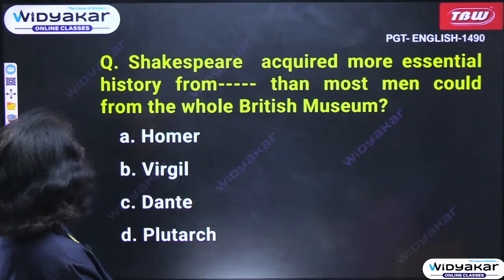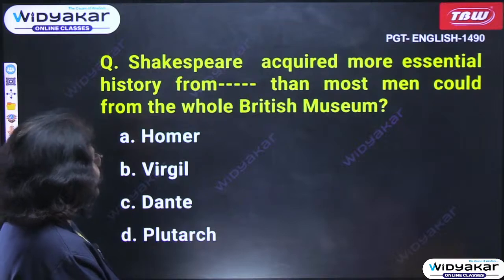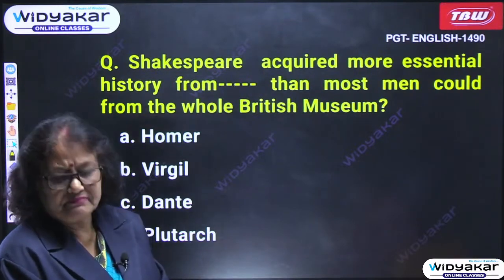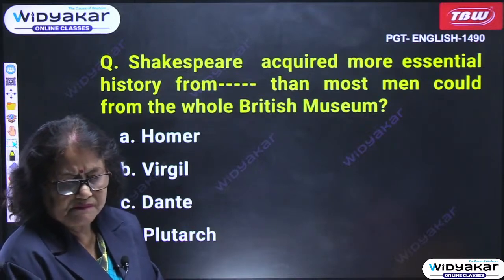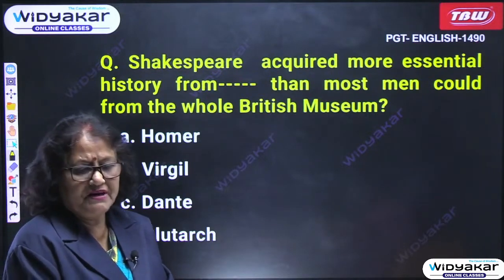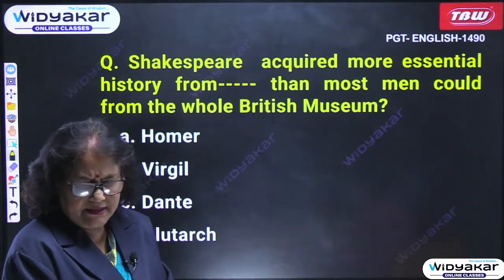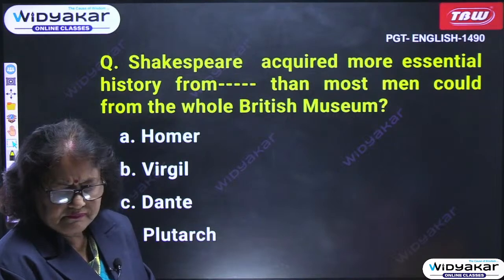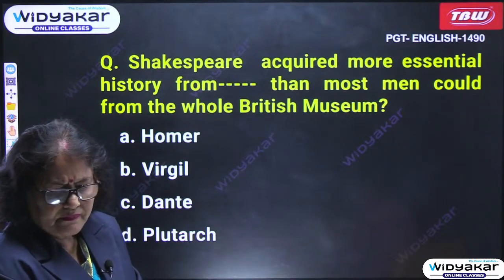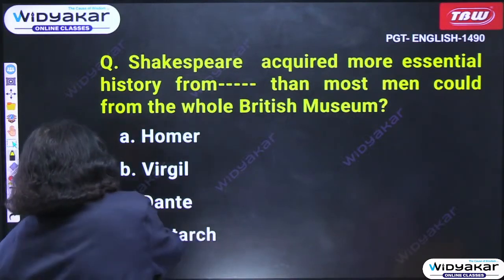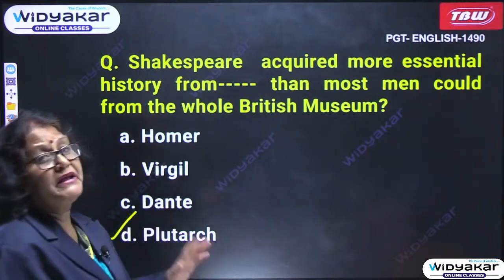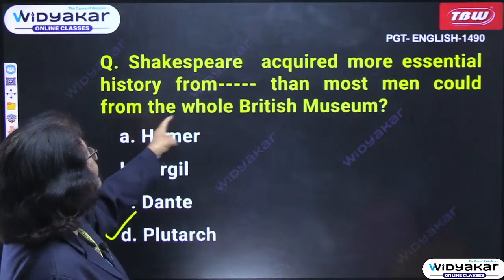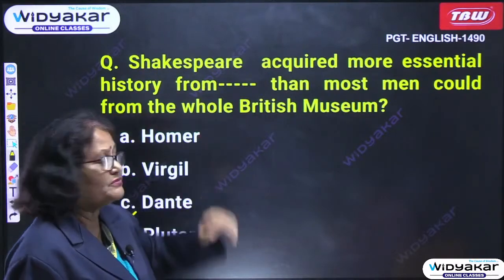Shakespeare acquired more essential history from dash than most men could from the whole British Museum. It is option D, Plutarch. Shakespeare got all the information from Plutarch. He says he got more essential history from Plutarch than most men could from the whole British Museum.